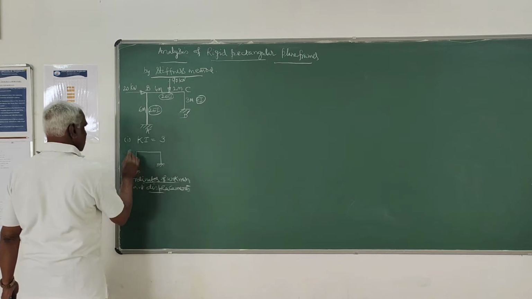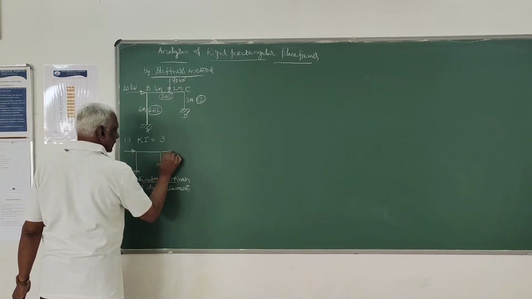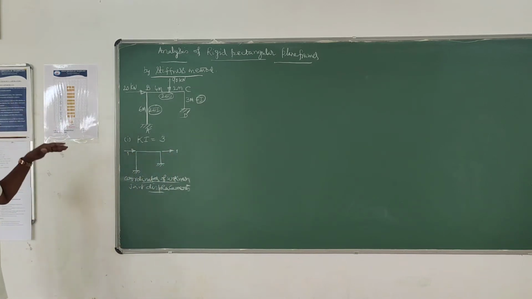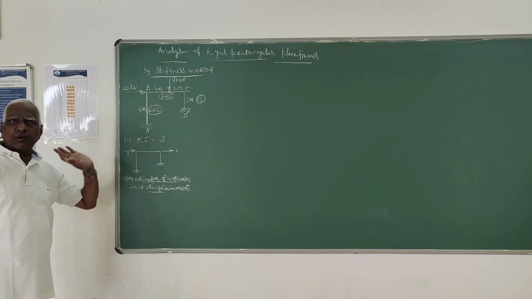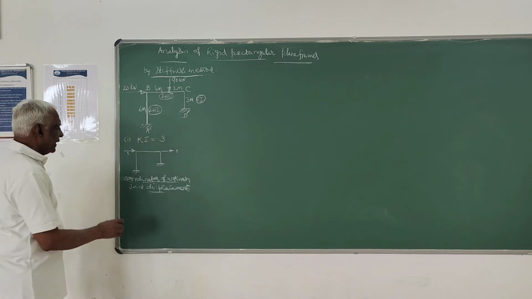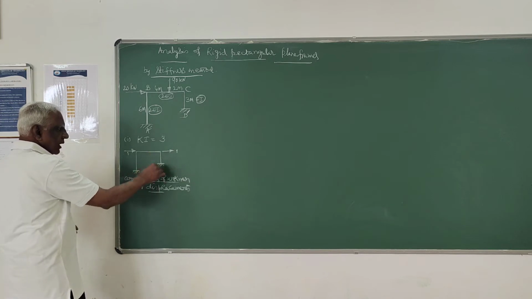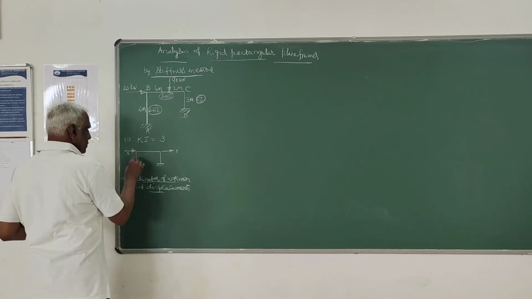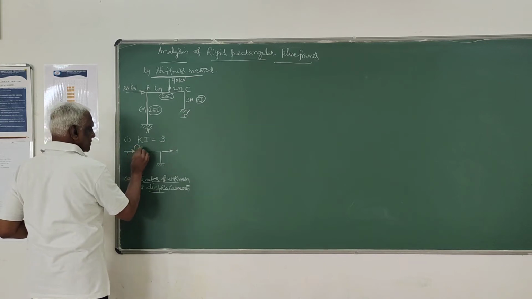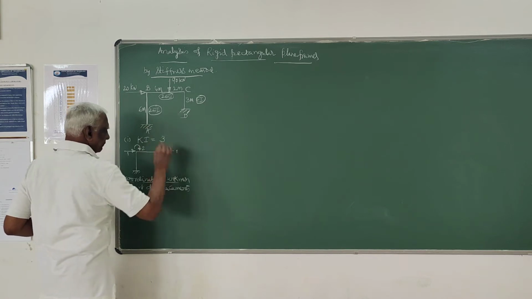The unknown joint displacements are, one is here, so this is 1. The coordinate indicates the positive direction of the unknown displacement, the horizontal displacement. Vertical displacements at these two joints are not there because we assume all members to be axially rigid. So vertical displacements are 0 and only the rotations. Rotation here 2, rotation here 3.